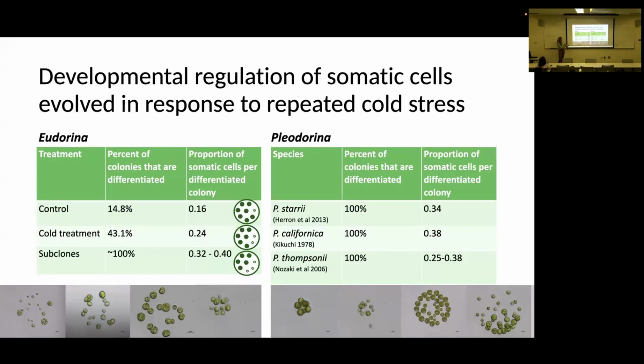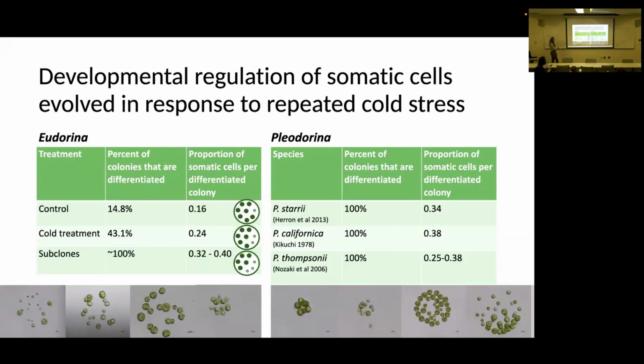If you look in the controls, about 16% of cells in a differentiated colony are somatic. In the experimentally evolved lines, about a quarter of cells in a differentiated colony are somatic. And on average, in these obligately differentiated subclones, between a third and 40% of cells in a differentiated colony are somatic.